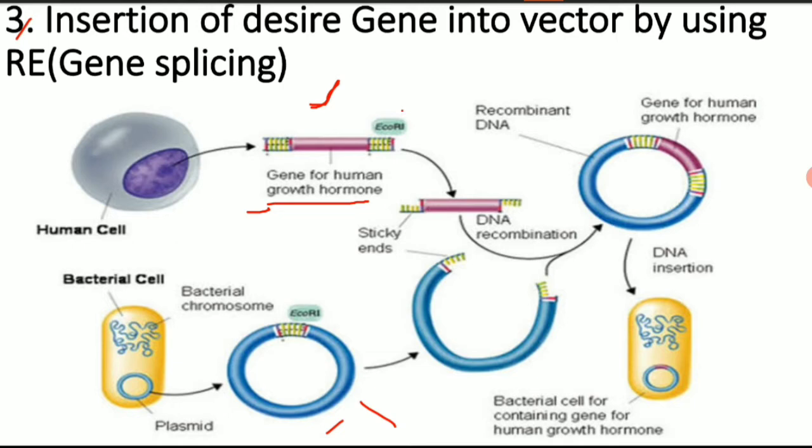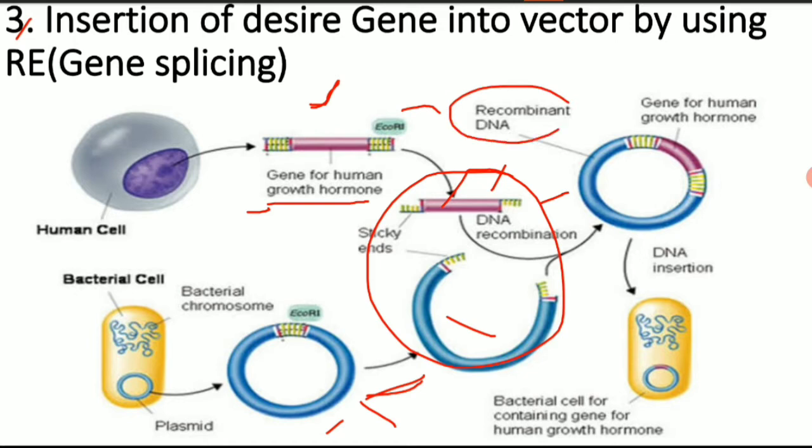Now, first of all, this plasmid is cut by the restriction enzyme, and then this desired gene and this plasmid are joined to get the rDNA, the recombinant DNA molecule.